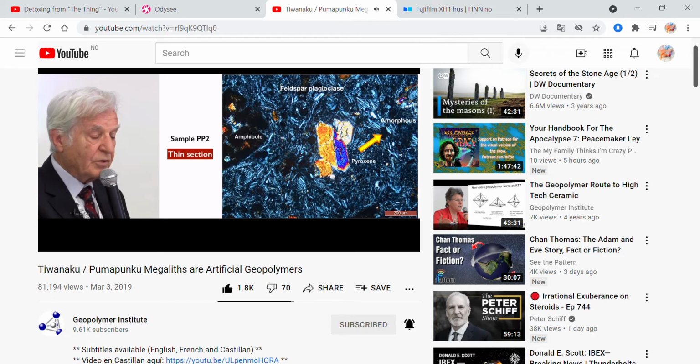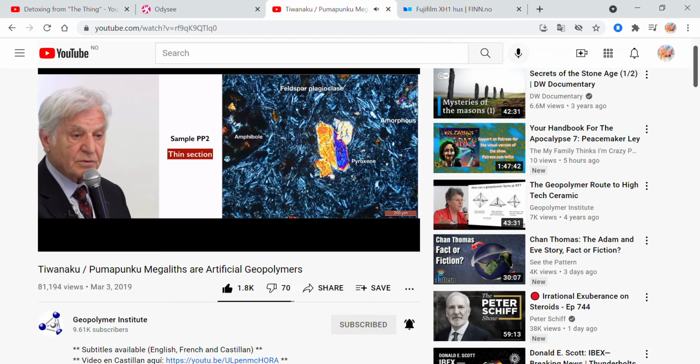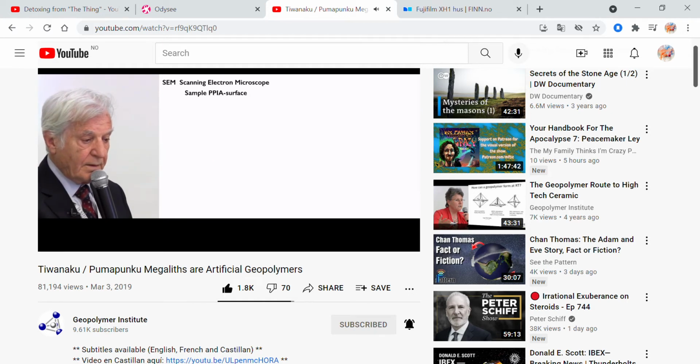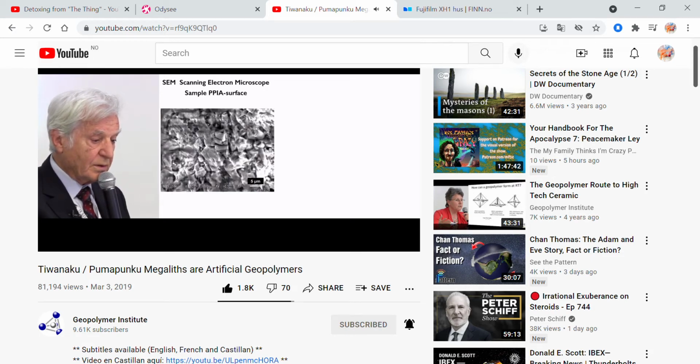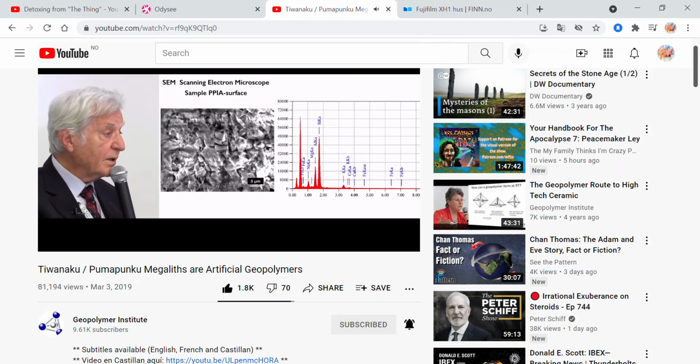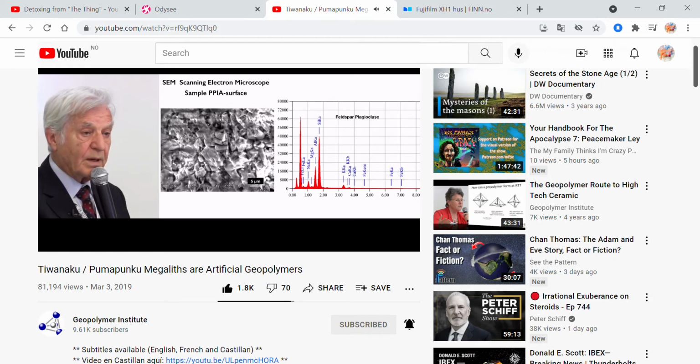And we have a lot of black spots. These are an amorphous substance. Under the scanning electron microscope, the PP1 sample, at a 5 micron scale, we see the small crystals. If we make the EDS analysis, we find that it is feldspar plagioclase.